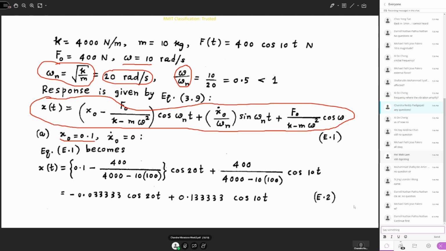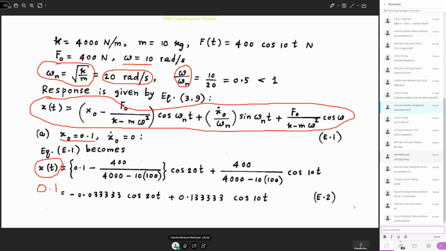So the first condition is when displacement is 0.1, the velocity is 0. So that means when time t is 0, the displacement is 0.1. So replace x(t) with 0.1. Then here replace t with 0 and simplify.